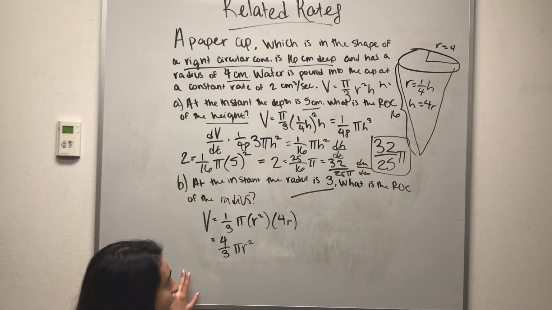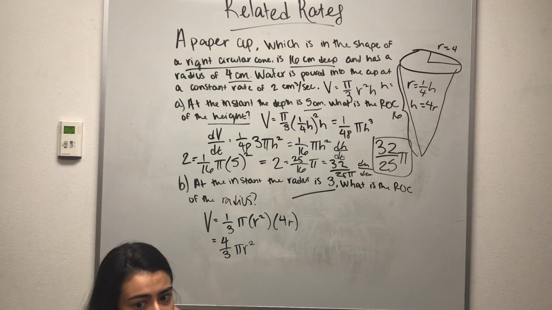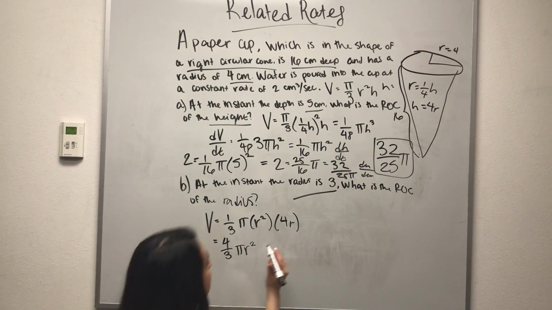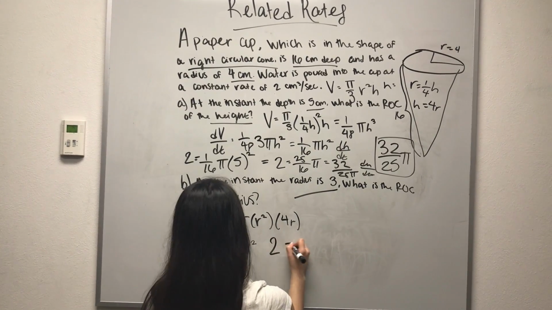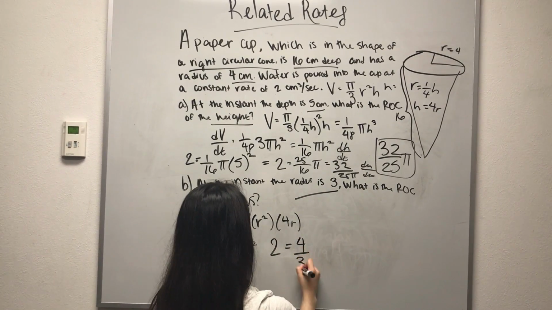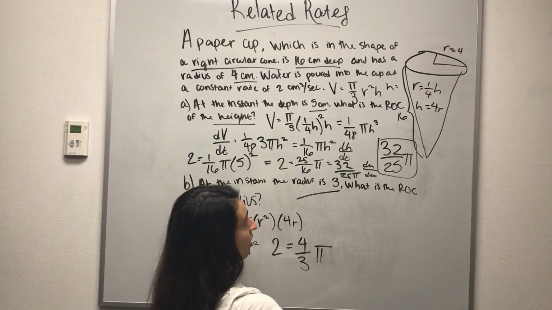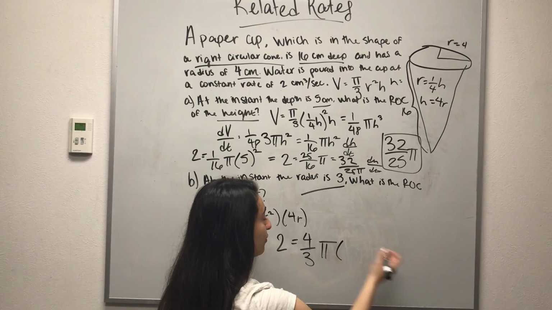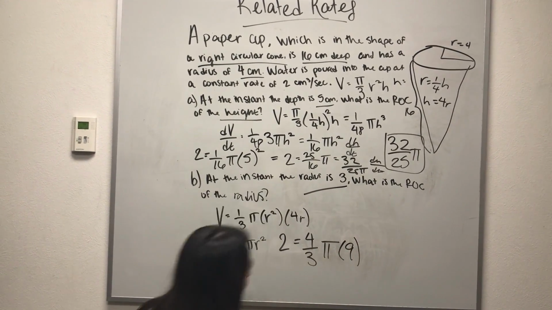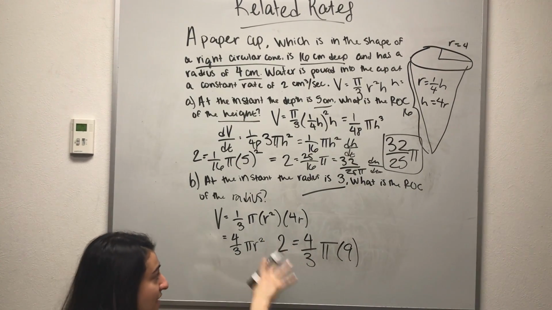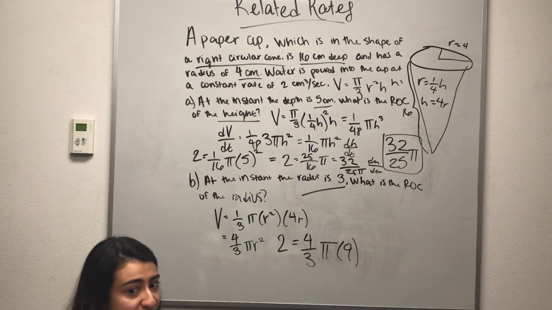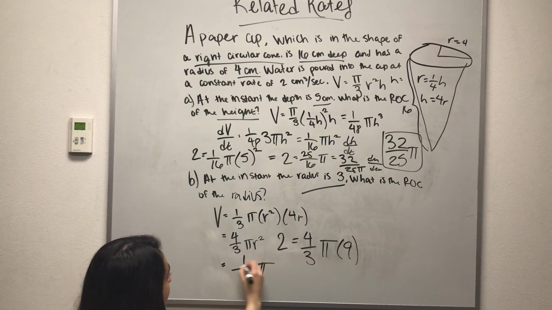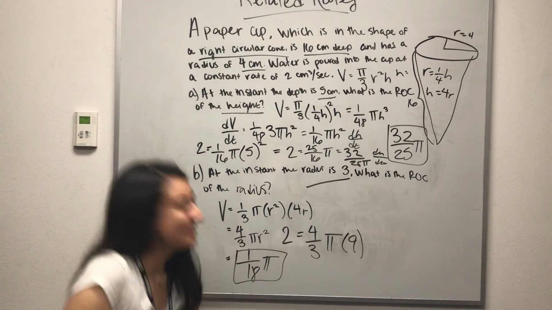We already know how to do this. We already know that this is going to be 2, so 2 equals 4/3 pi, and what is r? In this case, r is 3, so r squared would be 9. Great. With all of that, if you simplify everything, we are going to get 1/18 pi.